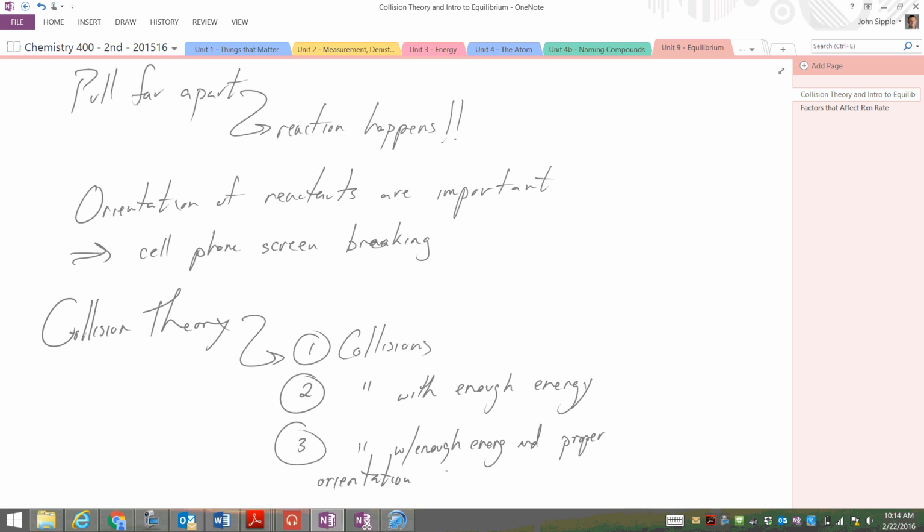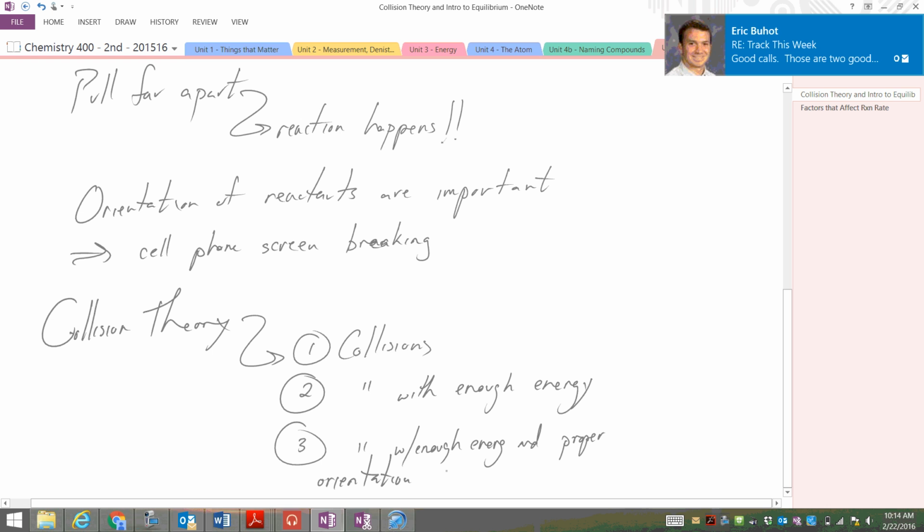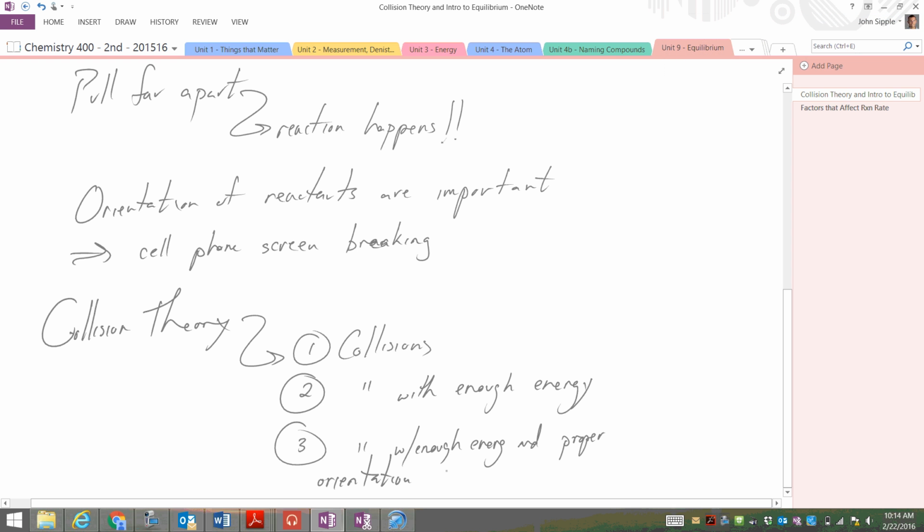Enzymes, bingo, right? The substrate comes in, our reactants dock with the enzyme or are held by the enzyme in a particular way. We have the reaction happen, and it lets the products go, and so on and so forth. So those enzymes are controlling the orientation to ensure that the collision happens in the right way, and you need just a tiny amount of energy then too.